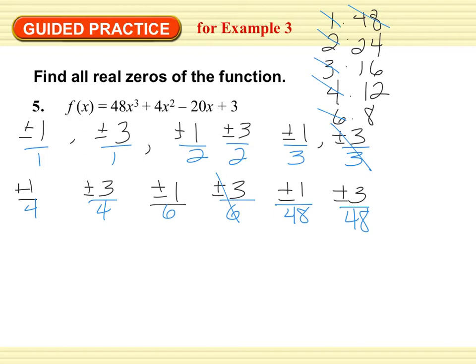Pretty sure that's not going to be the answer, but we're still listing it. Over 24.